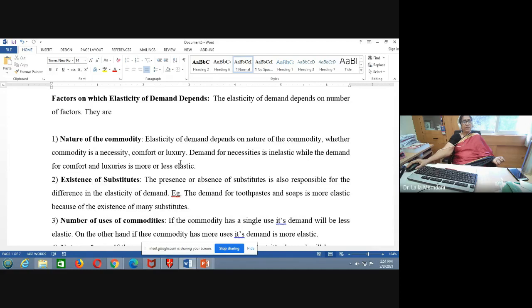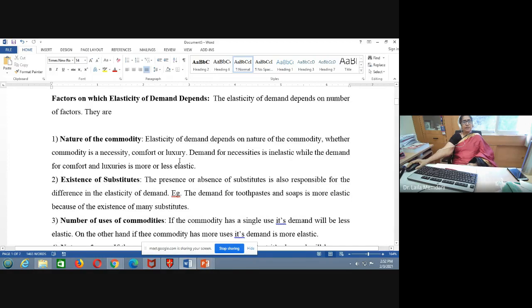Like we have the example of petrol. Now in India, the demand for petrol is rising even though the prices are rising. Now again from April onwards, the price will rise further because of the duty and cess imposed by the government in the present budget.